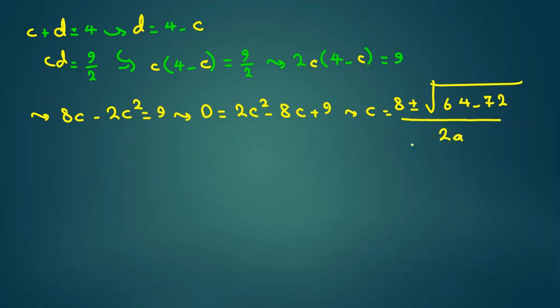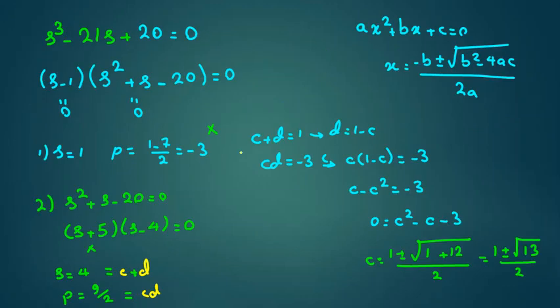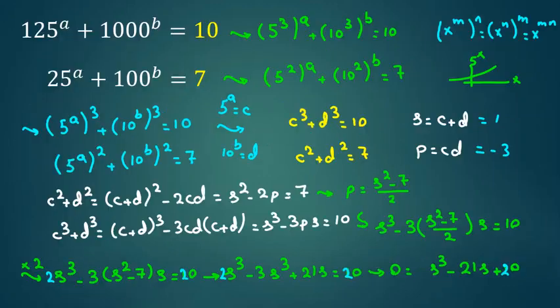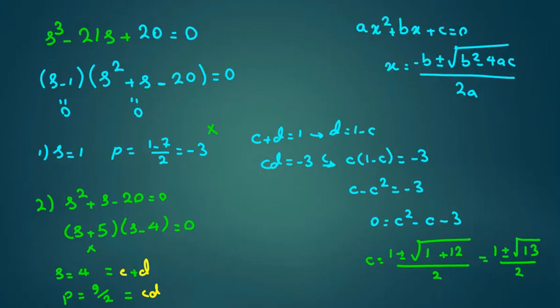Okay. So for this part, because we know C and D are positive and real numbers, there is no answer here. So we proved there is no answer for A and B because C and D should be positive. There's no real answer for this problem.